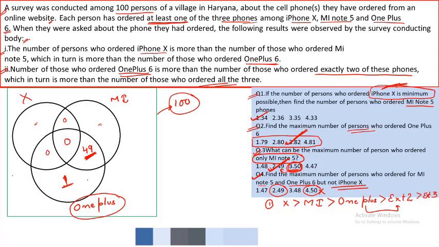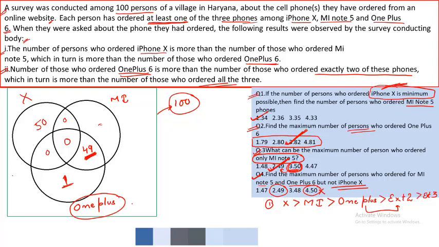If I put 50 over here, this is not possible. iPhone X is 50, OnePlus X is also coming 50, Mi is coming 49. So I can see that 49 will also not work.